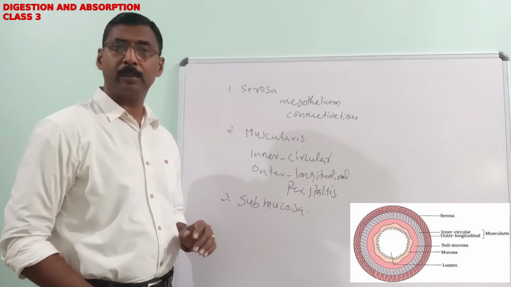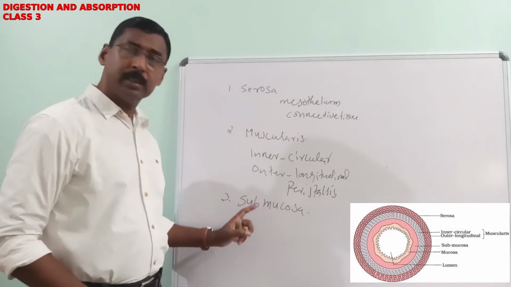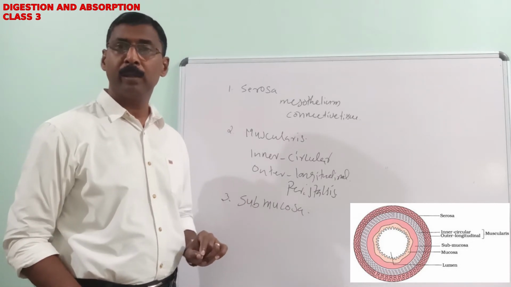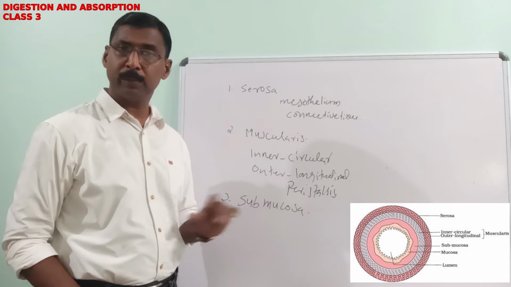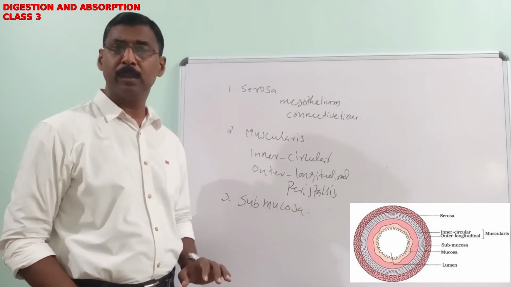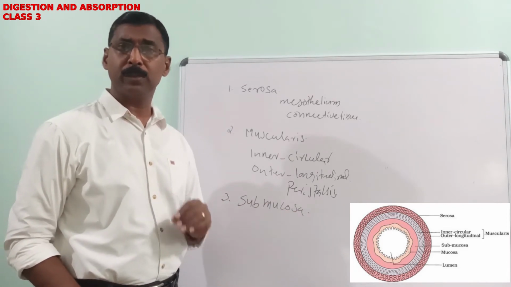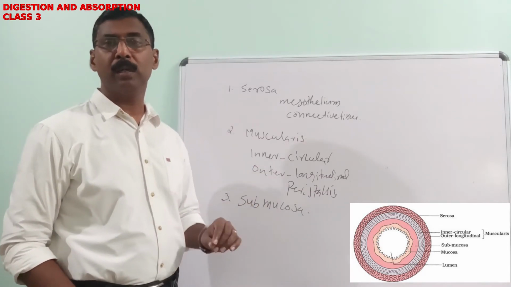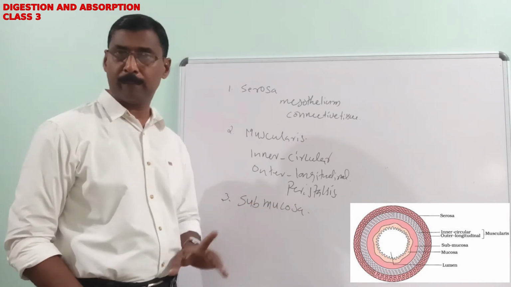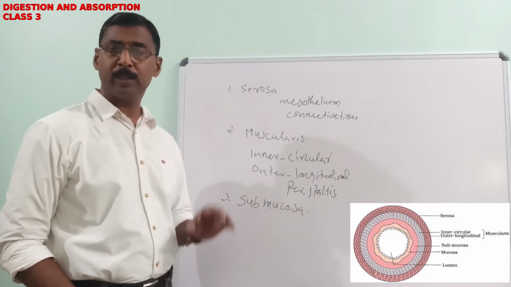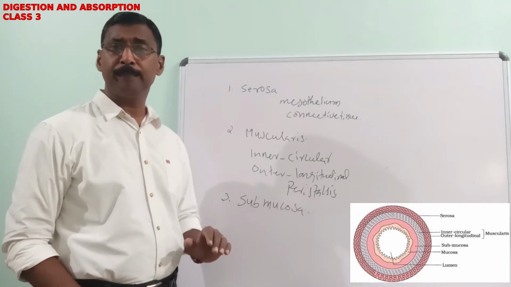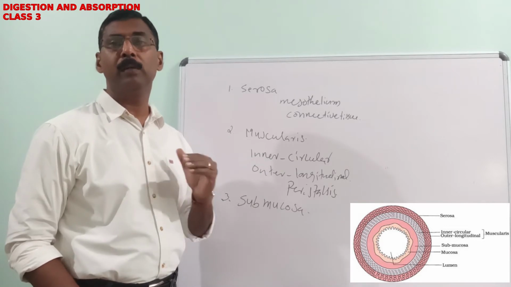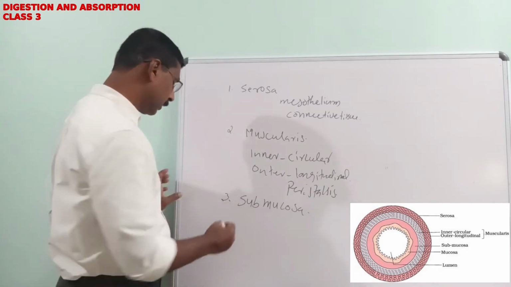Submucosa is the third layer from outside, and this layer is a soft layer that is made up of loose connective tissue, maybe areolar tissue, adipose tissue, and also blood vessels and nerve fibers are present in the submucosa. So that is submucosa.